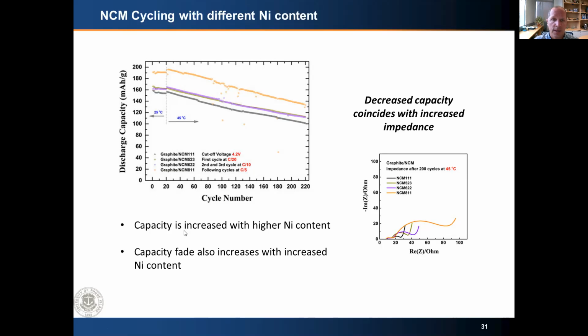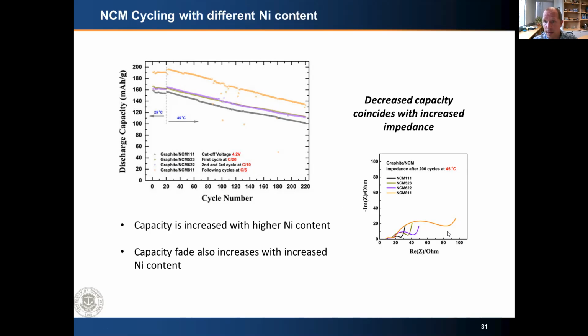There's also an advantage in terms of the capacity of the materials. However, what you can also see is that while the capacity is increased, the rate of capacity fade is also increased. So as you go to higher nickel content, the rate at which you lose the original capacity you have increases as a function of the increase in nickel content.